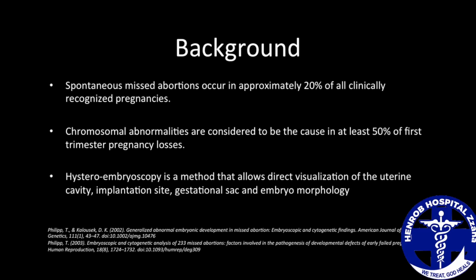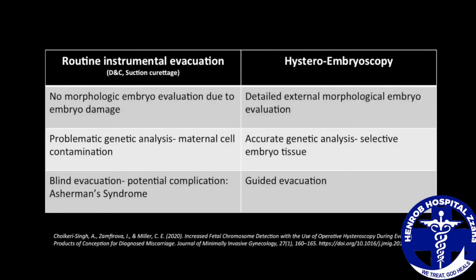So we use embryoscopy to evaluate the uterus and the embryo for morphological abnormalities, and also to help us avoid blunt curettage that is associated with a number of complications, including Asherman syndrome.